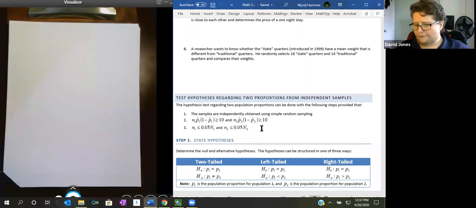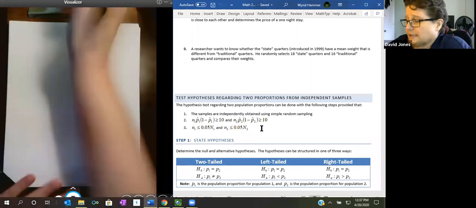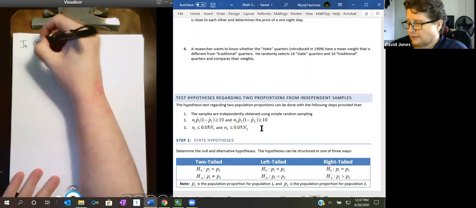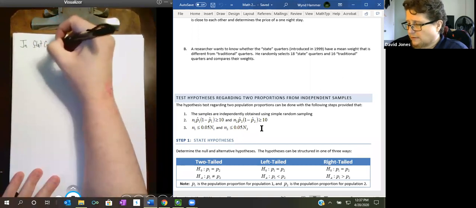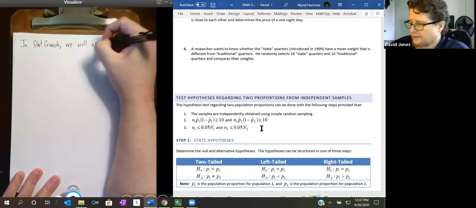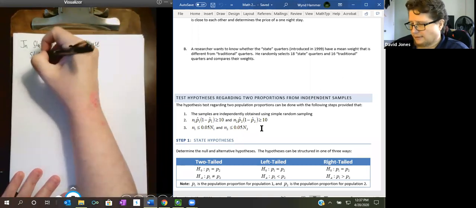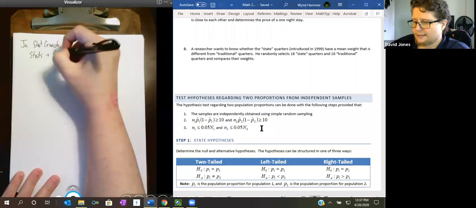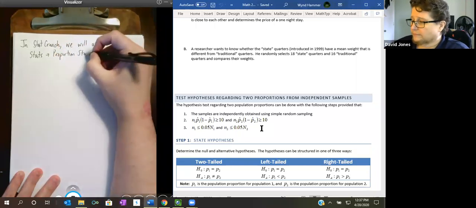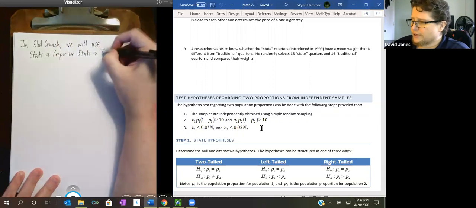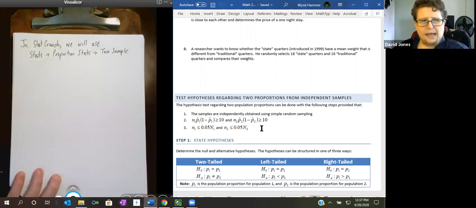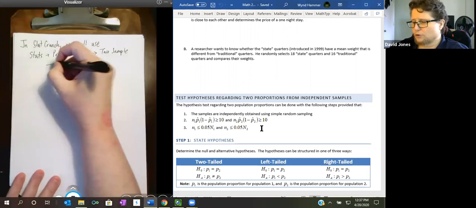So where do we find this in StatCrunch? In StatCrunch, we will use Stats, Proportion Stats, Two Samples, and if we have data, we'll use With Data.